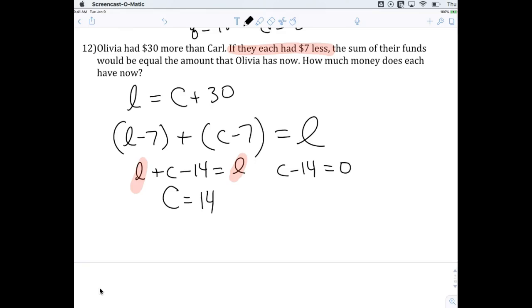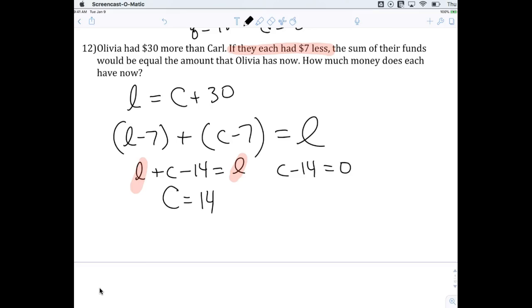Because it's C minus 14 equals 0, so I added 14 to both sides. If you know C is 14, I'm good. When they cancel out, it basically turns into a 0, because L minus L is 0. You need to learn to reason that through.